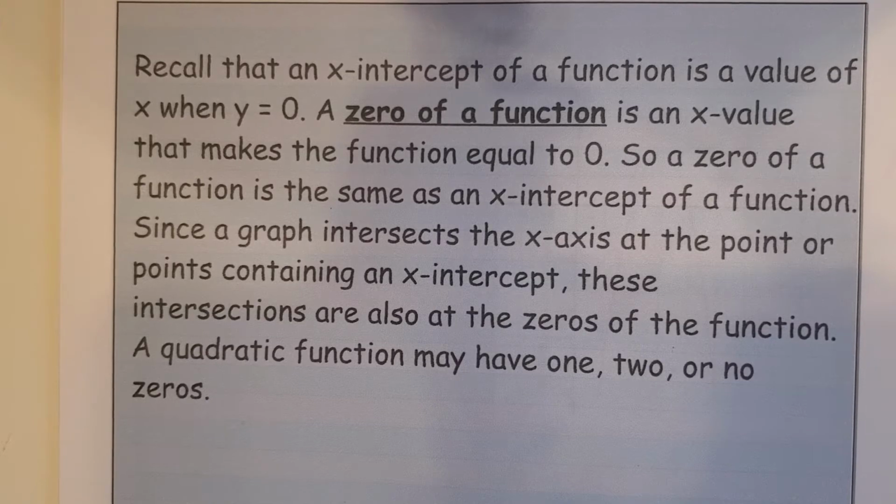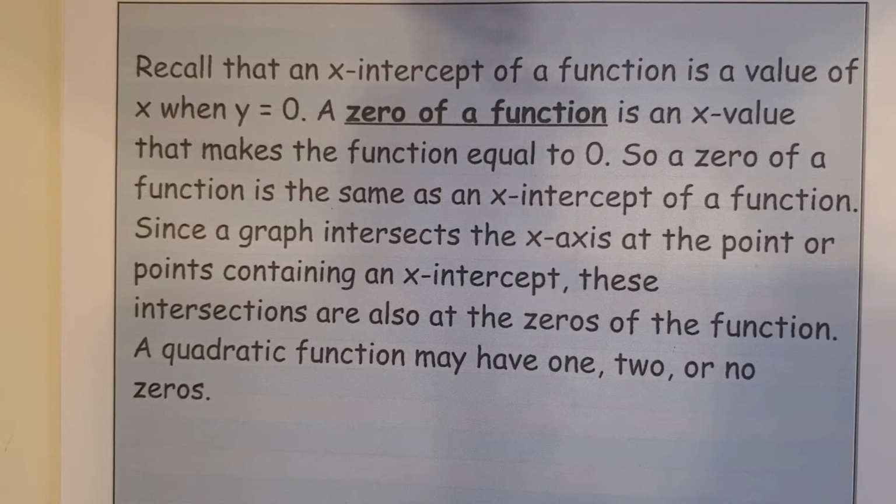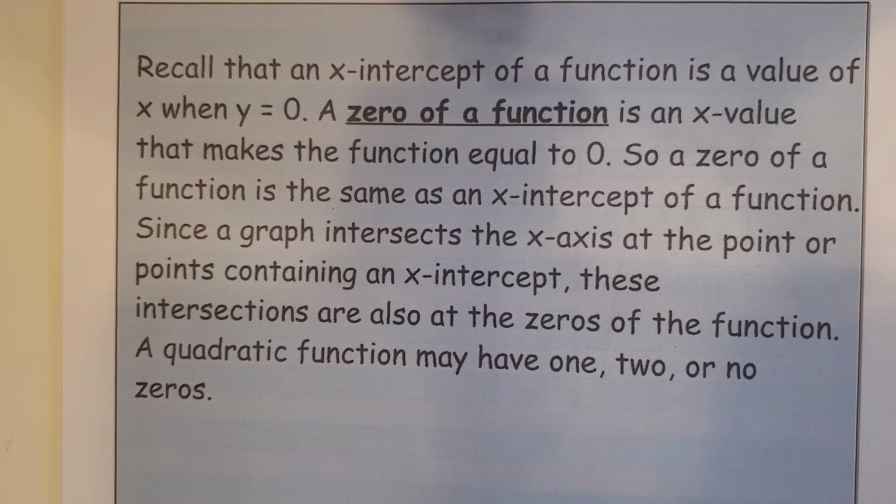But in this case, when we're still in Algebra 1, I think we use zeros and x-intercepts pretty interchangeably. So if you ever see "what are the zeros" of a function, it's talking about the x-intercepts.